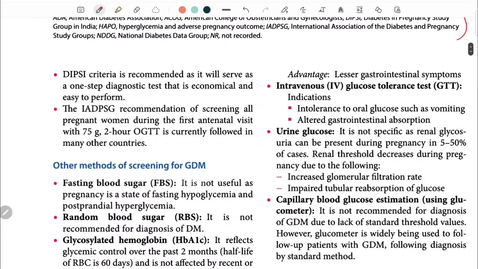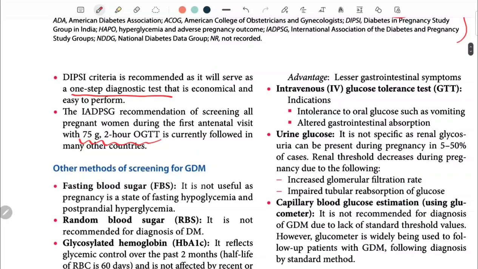DIPSI criteria is recommended as it will serve as a one-step diagnostic test that is economical and easy to perform. The IADPSG recommendation of screening all pregnant women during the first antenatal visit with a 75 gram 2 hour OGTT is currently followed in many other countries.